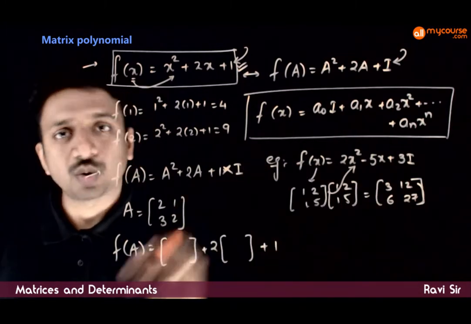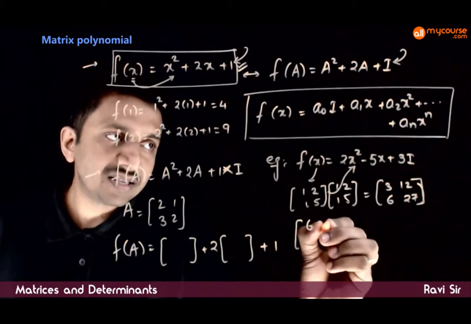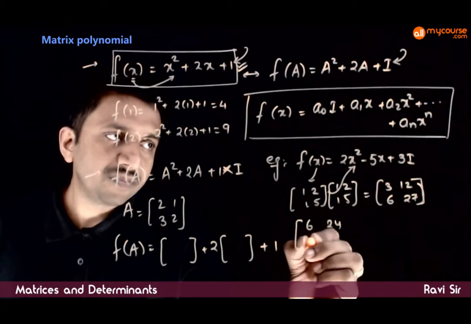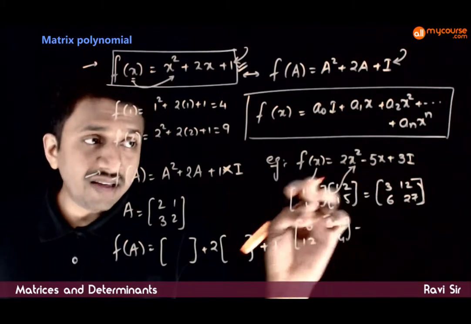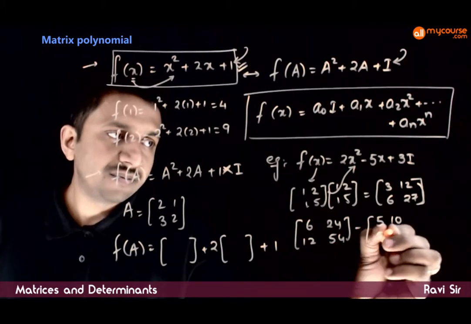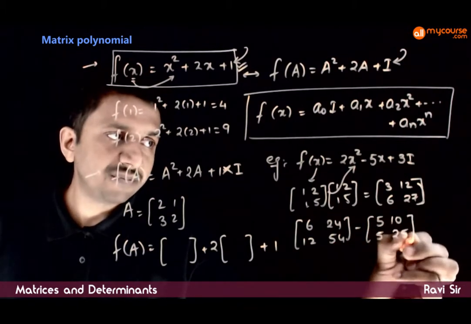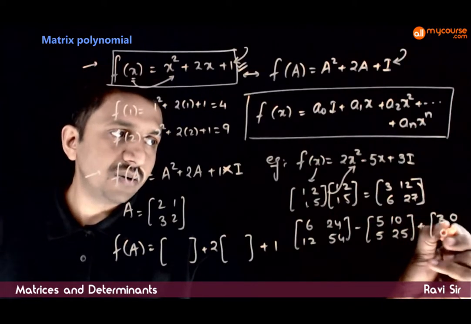So this is x square. So 2x square is 6, 24, 12, 54, minus 5 times x, which is 5, 10, 5, 25, plus 3 times I, which is 3, 0, 0, 3.